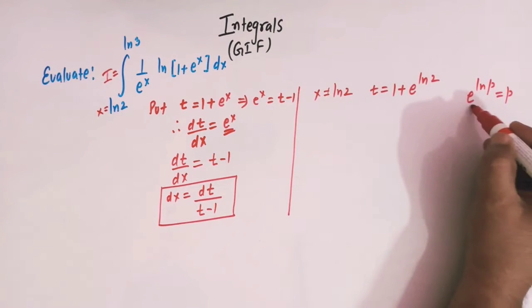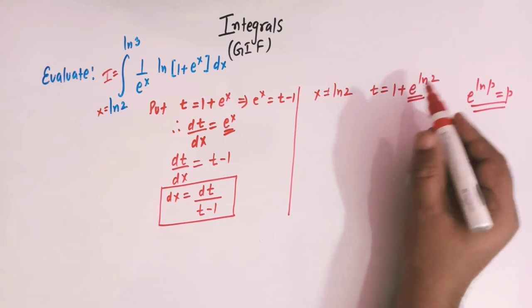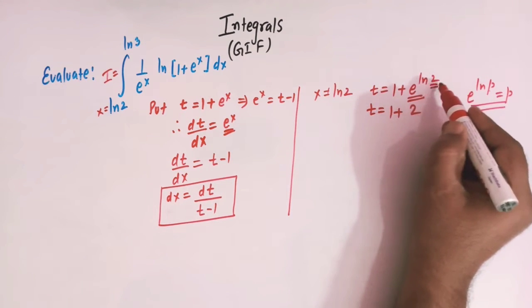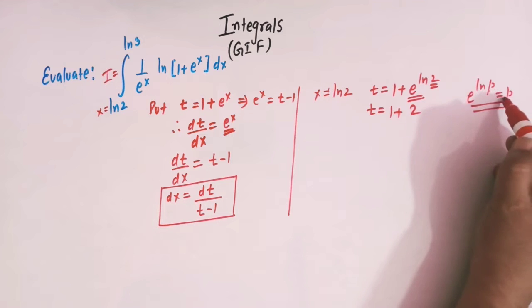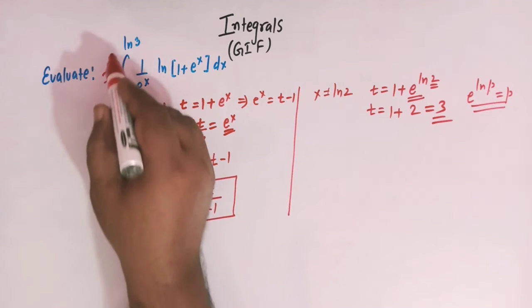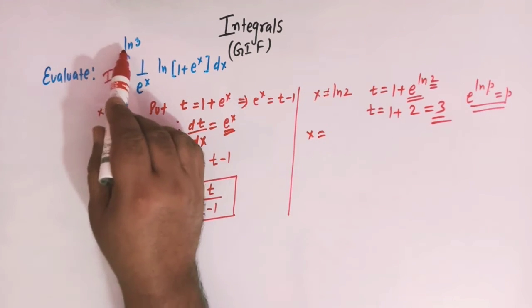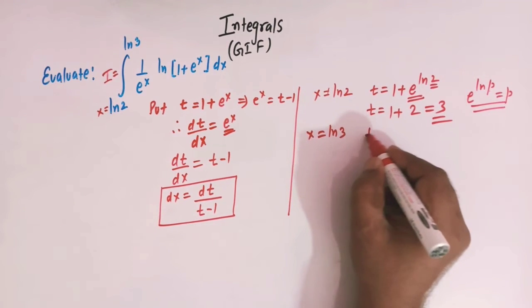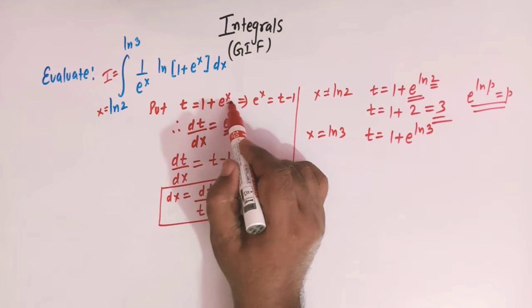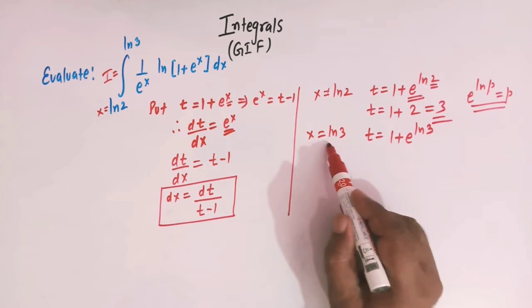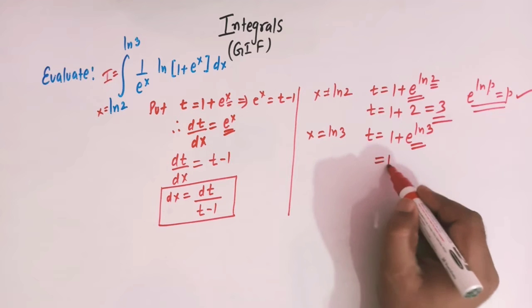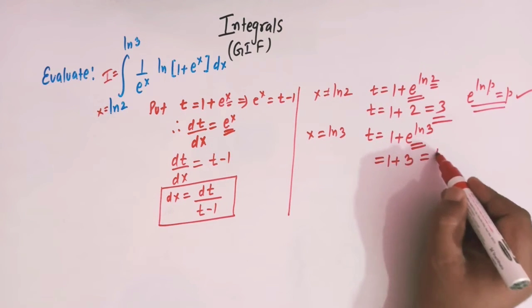So t is 1 plus 2, which is 3. Now when x is ln 3, t is 1 plus e raised to ln 3, which is 1 plus 3, that is 4.